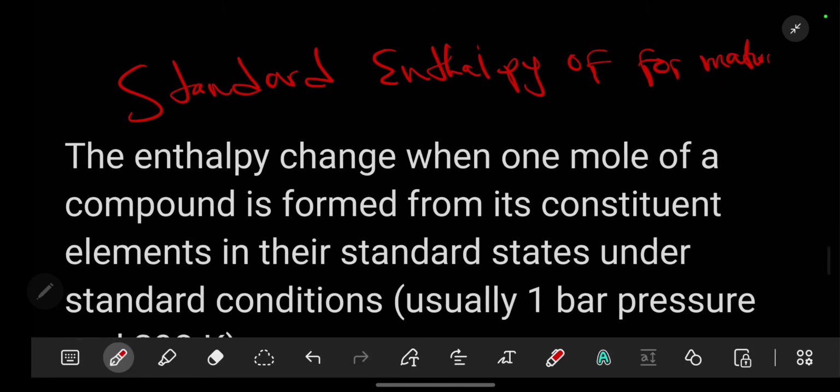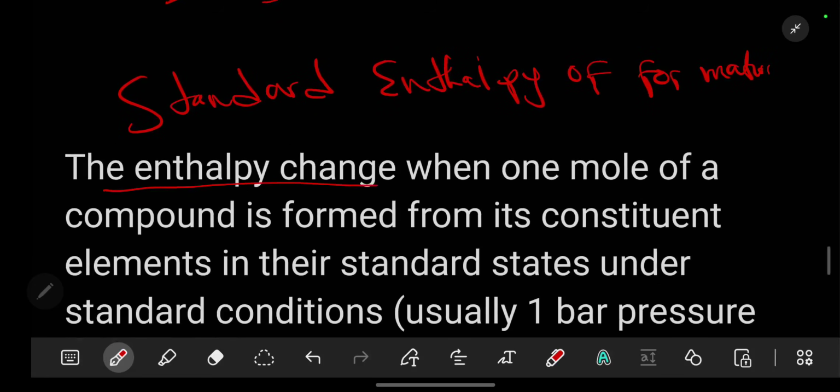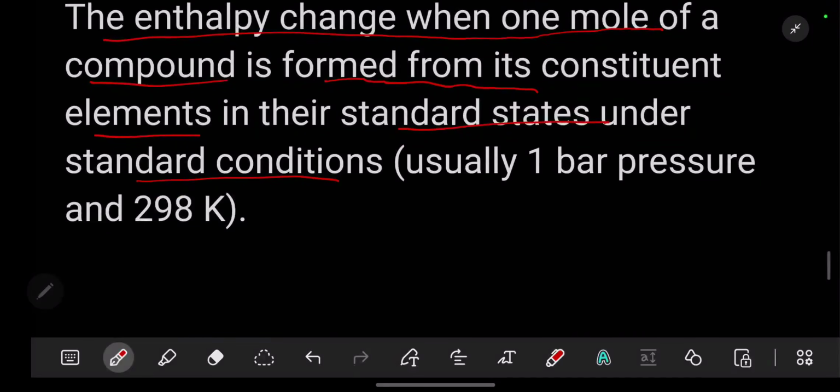So this is the standard enthalpy of formation, which is just the enthalpy change when one mole of a compound is formed from its constituent elements in their standard states under standard conditions, which is usually 1 bar of pressure and 298 kelvins. So 298 kelvins is about 25 degrees Celsius.